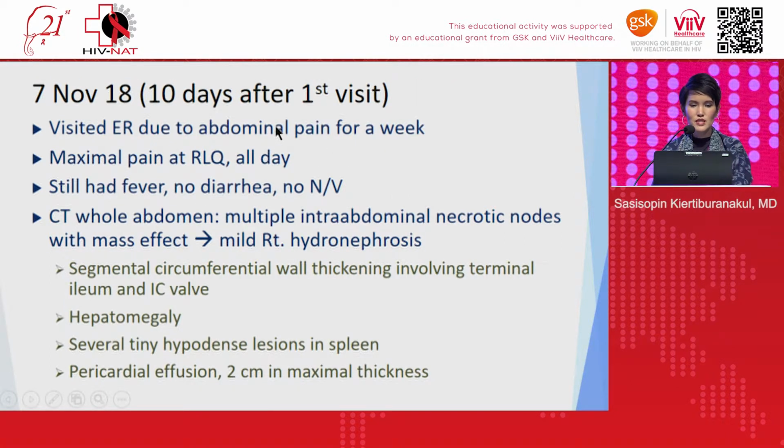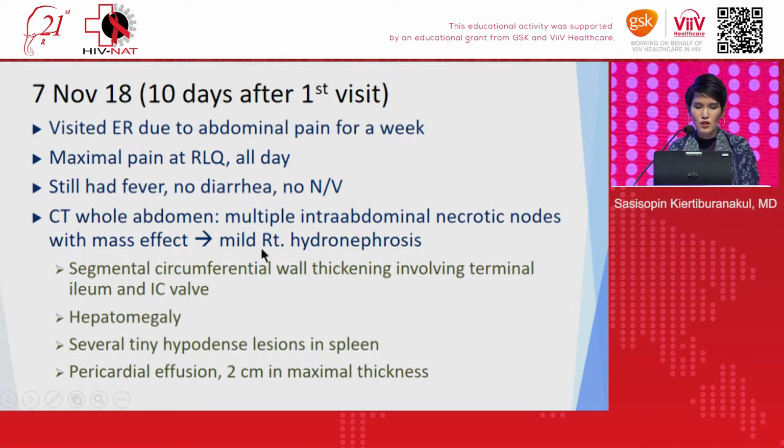So back to this case, 10 days later, he came to the ER because of abdominal pain for a week. It was usually right lower quadrant pain all day. He still had fever, but no diarrhea, nausea, or vomiting.